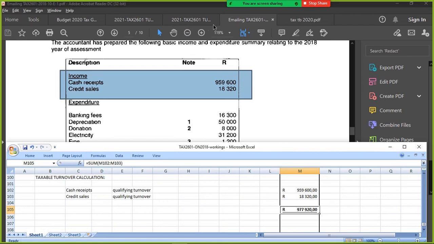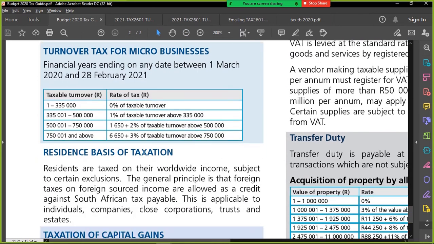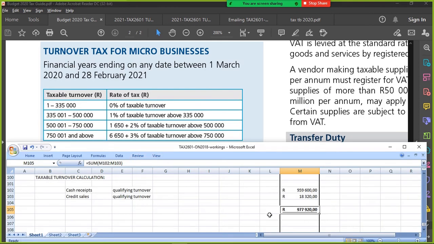All right, and then go back to your budgets. Where's the micro? Here's the micro. All right, so it's on 907, so it'll be this one at the bottom. Do you agree? Yes.